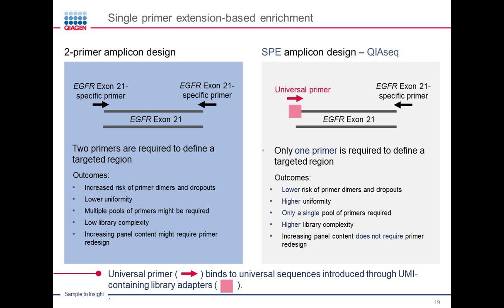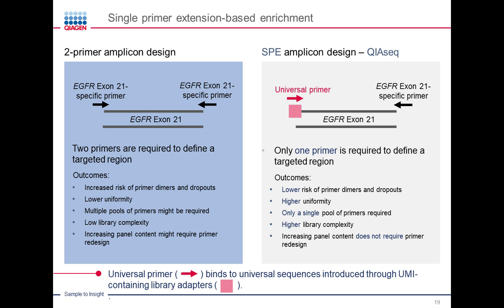The other primer required for enrichment is a universal primer that binds to sequences introduced in the library adapters. By doing so, we reduce the number of primers required for enrichment, which reduces the risk of primer dimers and dropouts. It allows a higher degree of uniformity, and only a single pool of primers is required for enrichment, regardless of how large the region is.